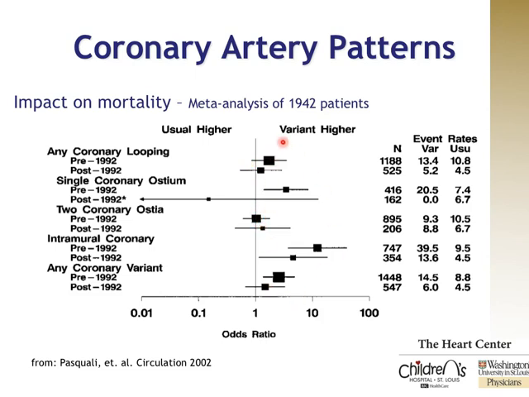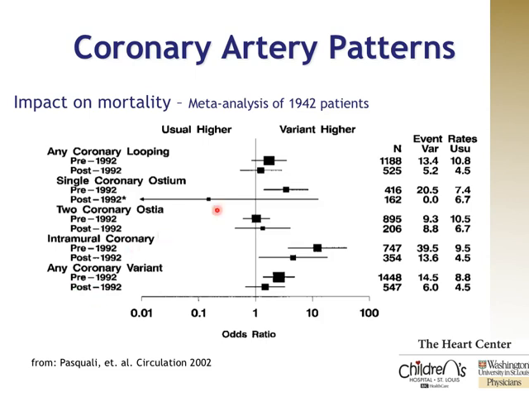Any coronary looping with a single ostium in the current era seems to have a better outcome than standard anatomy, although, as the asterisk delineates, this was a very small group of patients and there were no mortalities reported. But because of the small size, the confidence intervals are very wide.